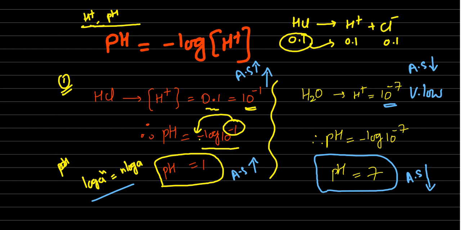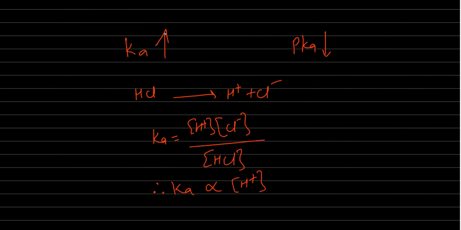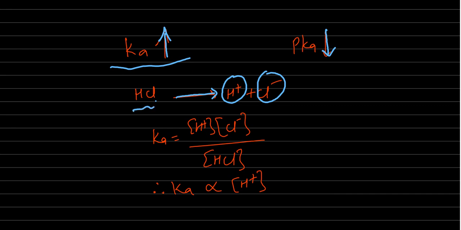If you observe the pH value, pH is quite opposite. So similarly, if Ka is higher, pKa will be lower. So how is this Ka coming? What is this Ka? See, HCl after dissociating gives H plus and Cl minus. Ka means acid dissociation constant, meaning the product of the ions formed upon the reactant you are taking.